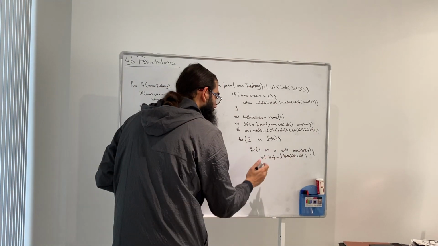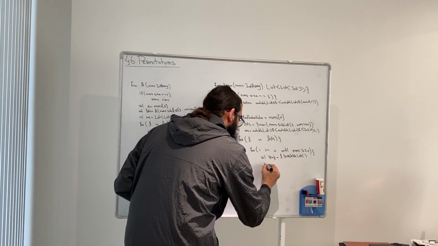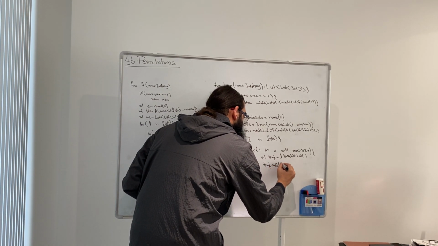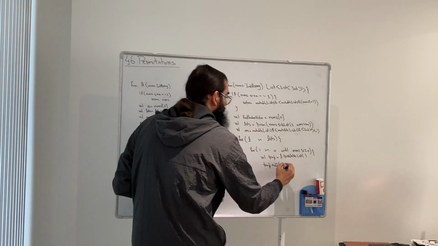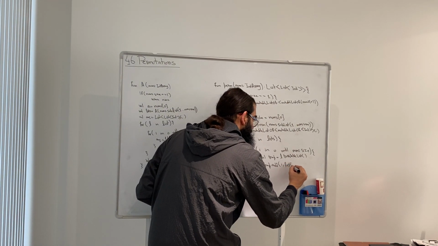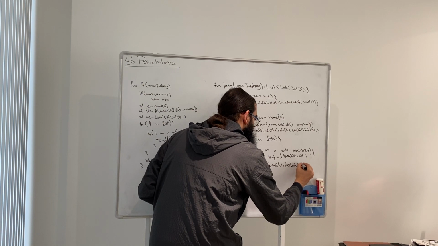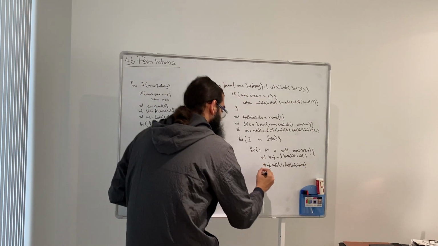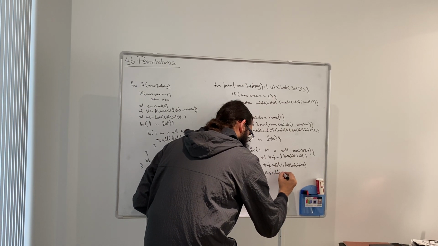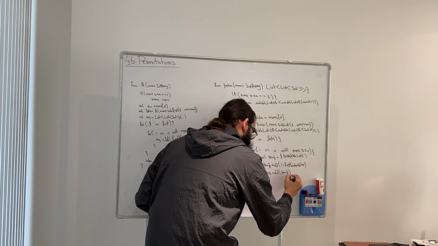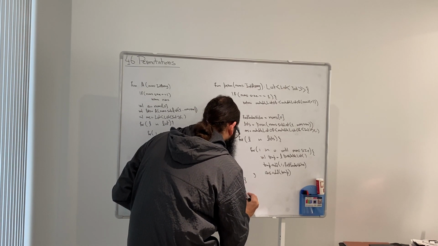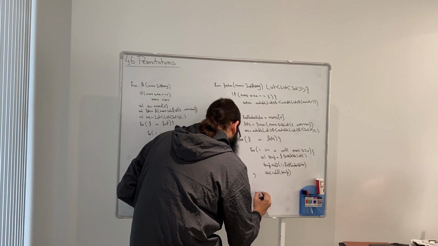Okay, temp, then temp dot add at I, my first index value, then add temp in answer, and return answer.